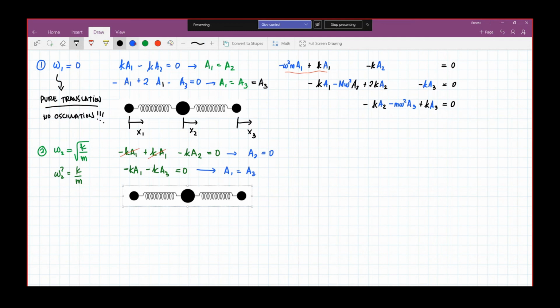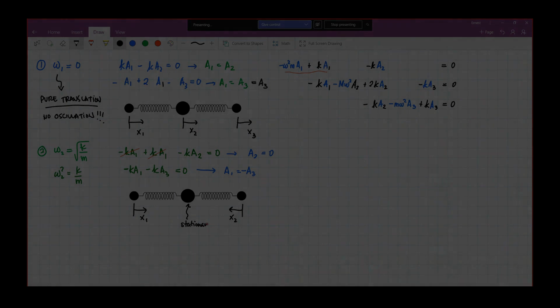A1 and A3 are moving in opposite directions. If this particle moves to the right, this particle will move to the left with equal motion. This particle stays there. Sometimes we call this the asymmetrical mode, or the second mode. So this is stationary.